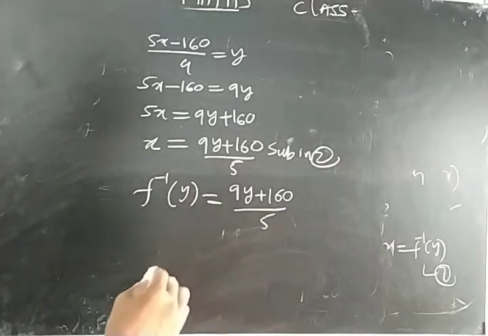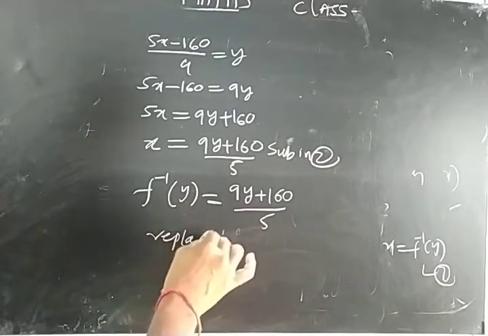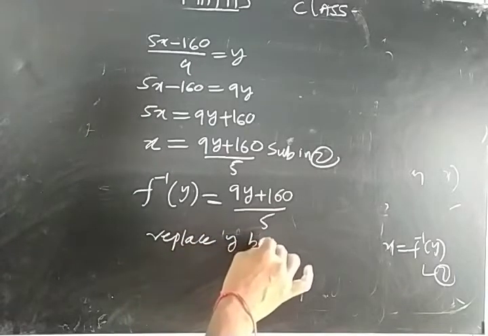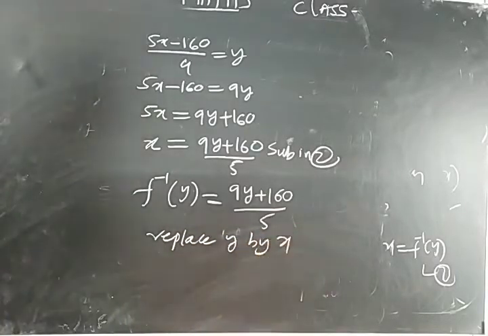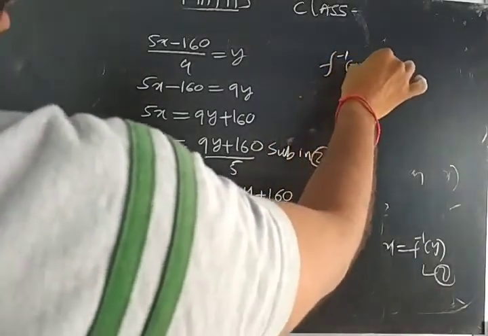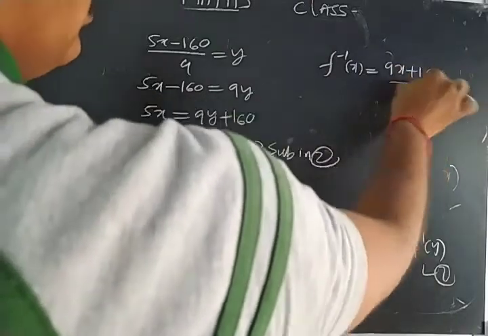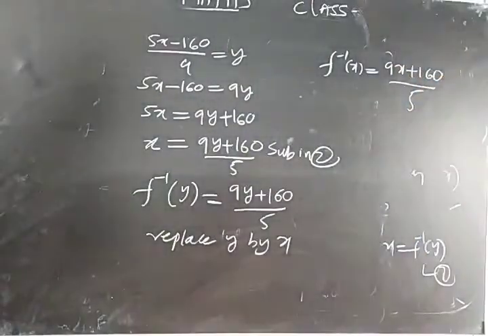Now after getting f inverse in terms of y, replace y by x. Now I am replacing y by x. What you will get? F inverse of x is equal to (9x plus 160) by 5. Now I got the inverse of the function.